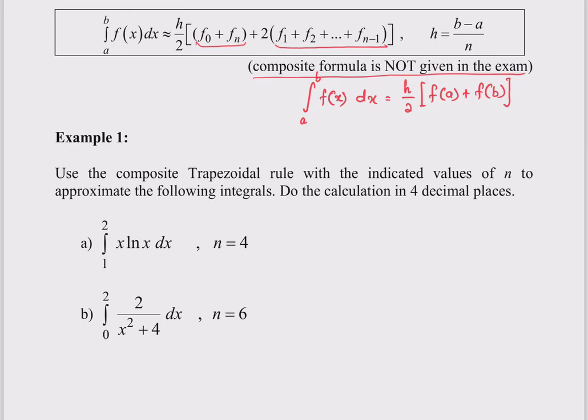For the first example, evaluate the integral from 1 to 2 of x ln x dx for n equal to 4.